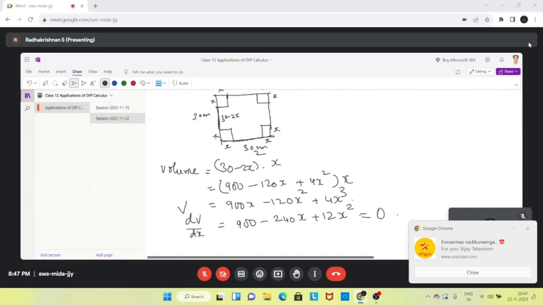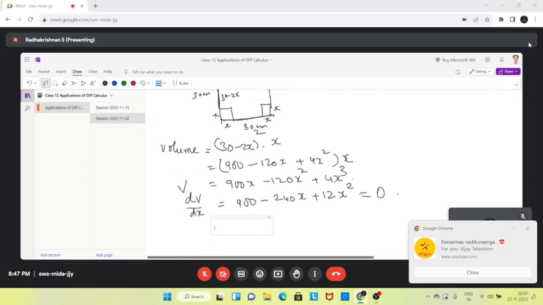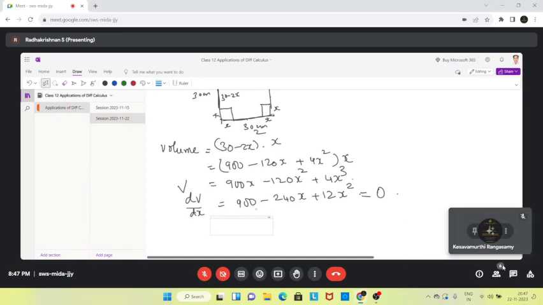Okay, and solve for x now. I think all are divisible by 12. Huh? All we can divide by 12. So what will happen if you divide this by 12?